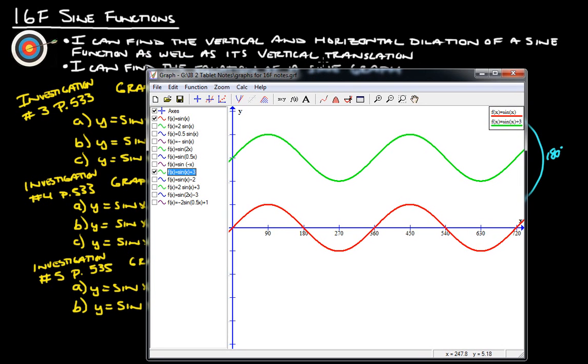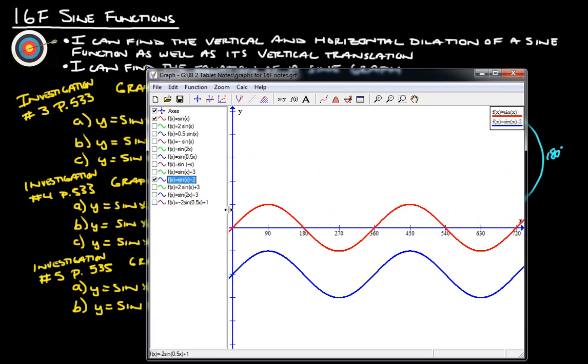So that's the vertical translation. It takes the whole graph and moves it up 3. So 1, 2, 3. Move this up 1, 2, 3, and everything's the same. Hopefully you can then figure out that sine x minus 2 is going to take that whole graph and go down 2. So that's the vertical translation.